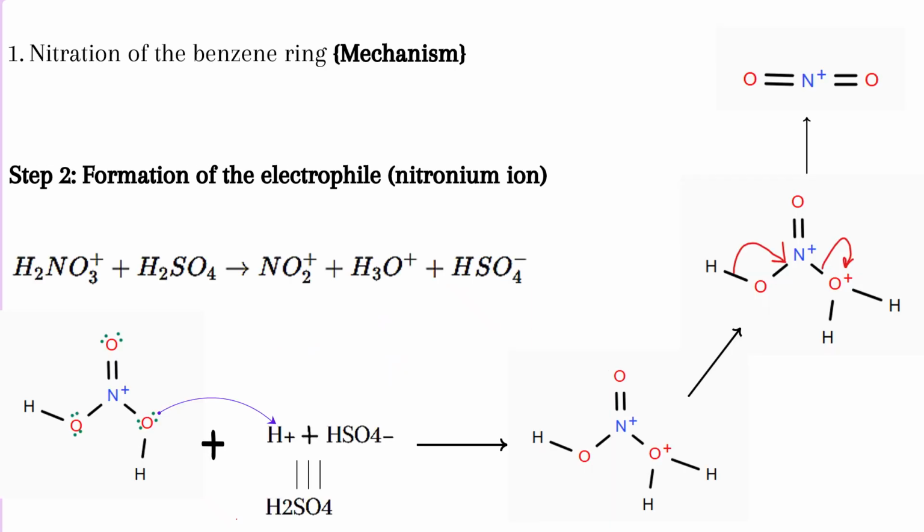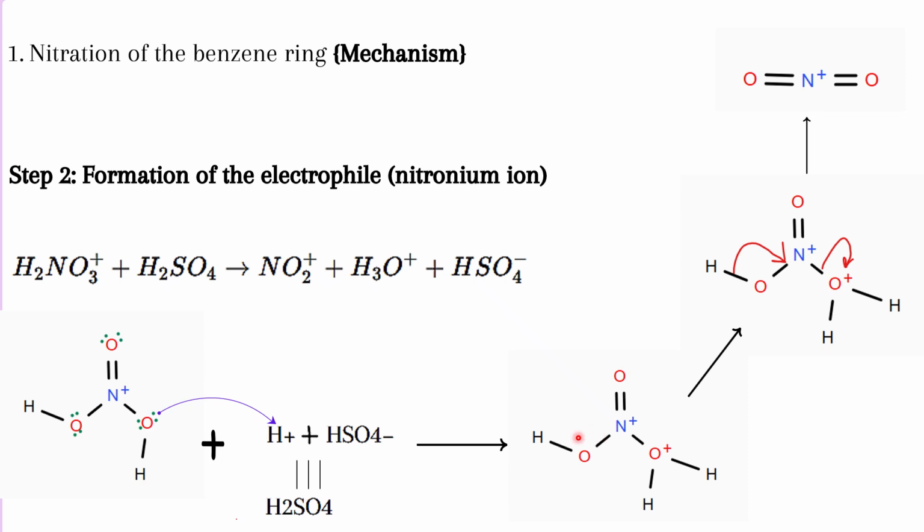Now in the next step, what will happen? There is a formation of the electrophile. In order to form that electrophile, we will use the species that we got in the first step. Again, the lone pair of this particular species will abstract the hydrogen ion from the H2SO4, and as soon as it abstracts, it will result in the formation of this species.